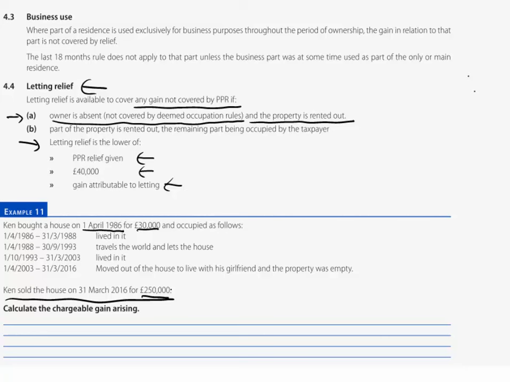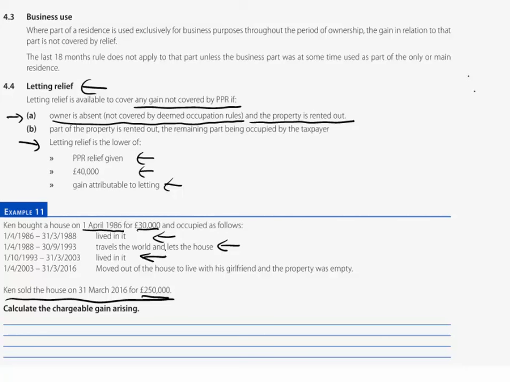And then of that gain we have to firstly work out what PPR relief will be available out of the total period of ownership. So lived in it, that of course is actual occupation. Travels the world and lets the house, so not going for reasons of employment.